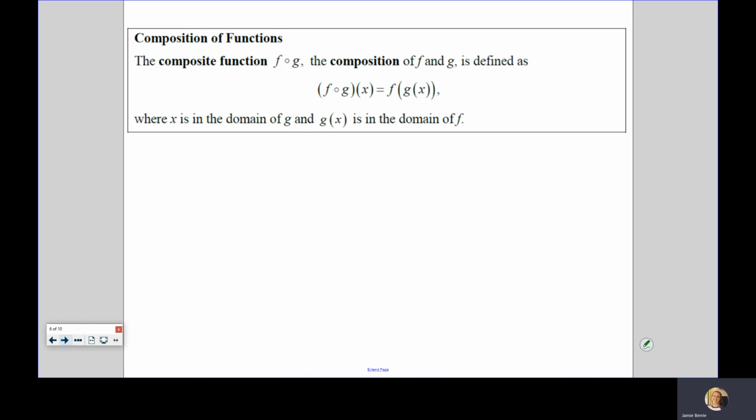This is our definition of the composite function. This little tiny circle is read as composed with.